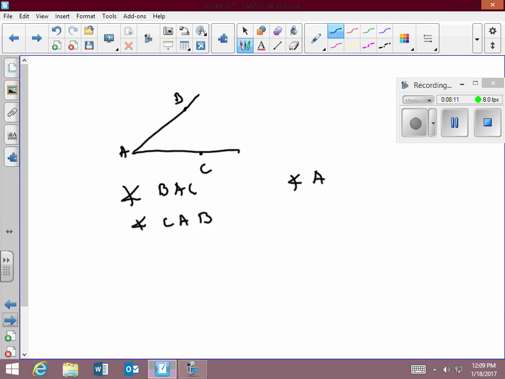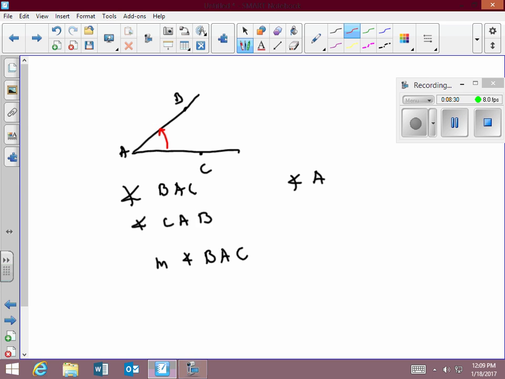Now, whenever you specify measure, what I'm going to use is I'm going to say the measure of angle BAC. That would be measuring it that way.